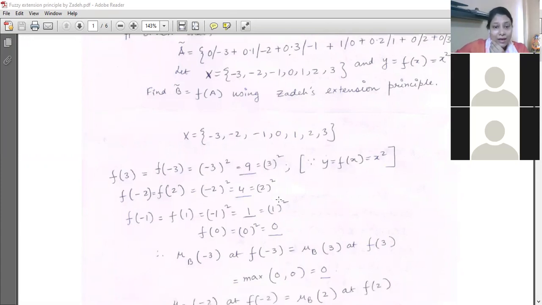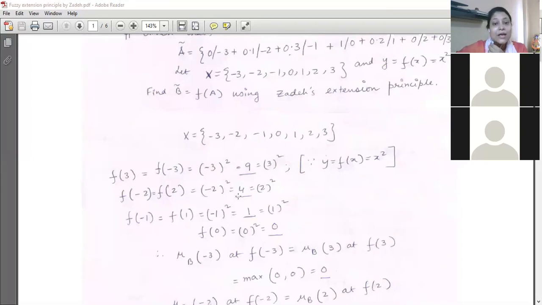Fine. Now, similarly, if you take f of 2 or f of minus 2, then again, if you follow this particular y equal to f(x) equal to x square, if you compute this, you can find in both cases you will obtain 4, right?